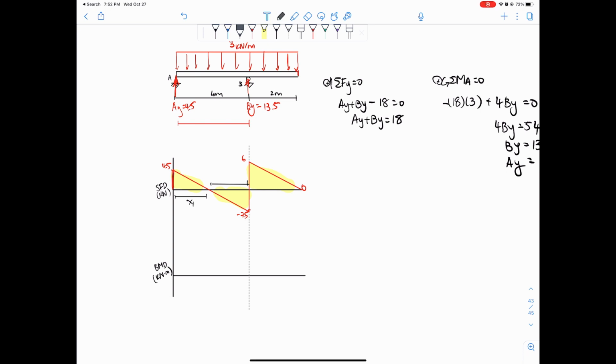So again, how do we do that? Well, we can use similar triangles, right? So imagine we're trying to find this slope, all right, between this 4.5 and the 7.5.